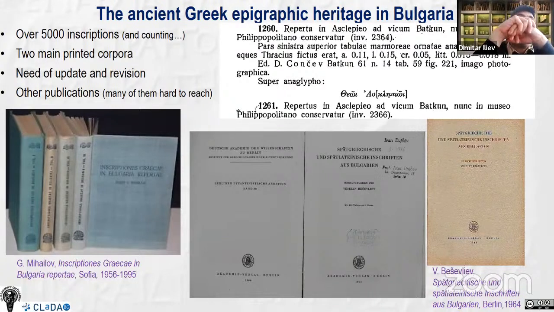And there are, of course, other publications which did not enter these two large corpora, scattered here and there in scholarly journals and periodicals, and many of them, not all of them, but many of them, currently hard to reach.